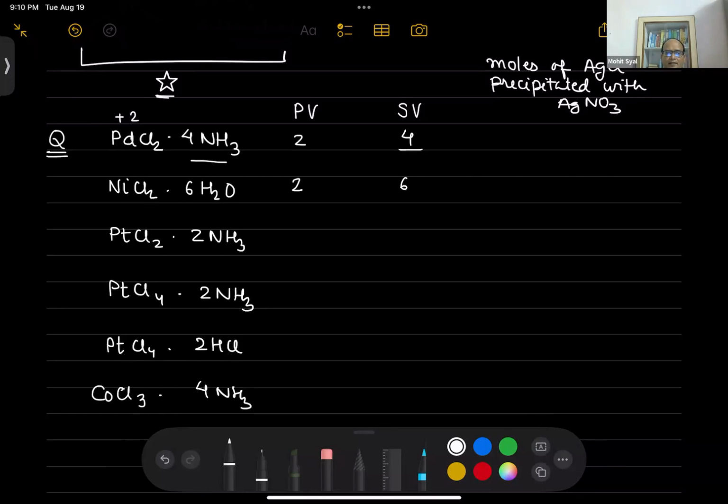Is it clear? Any doubts? For example, if platinum is +2, the primary valency is 2. And what is the secondary valency? If it is 2, it is going to be 4.